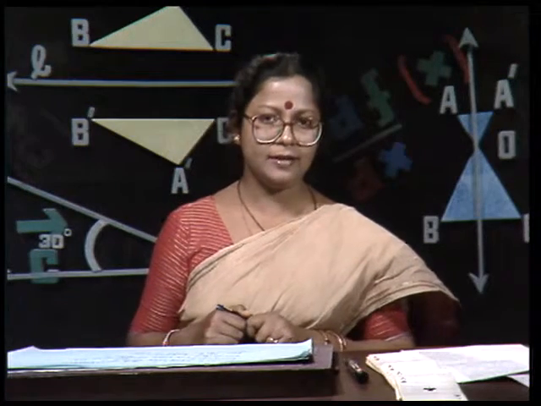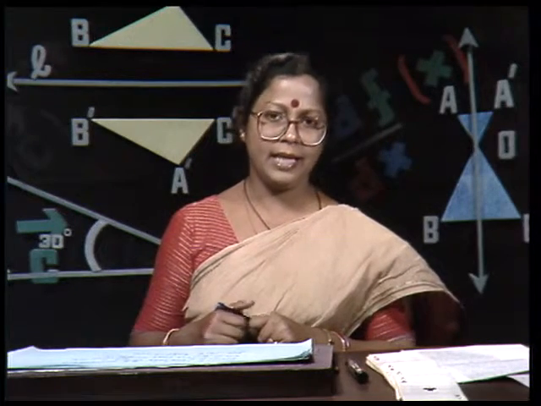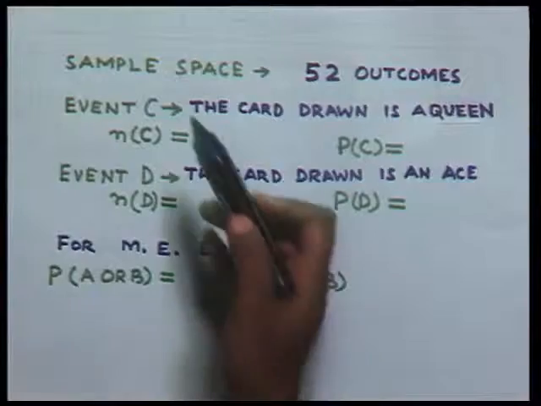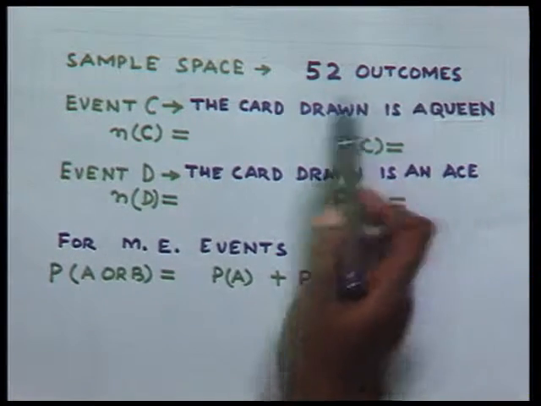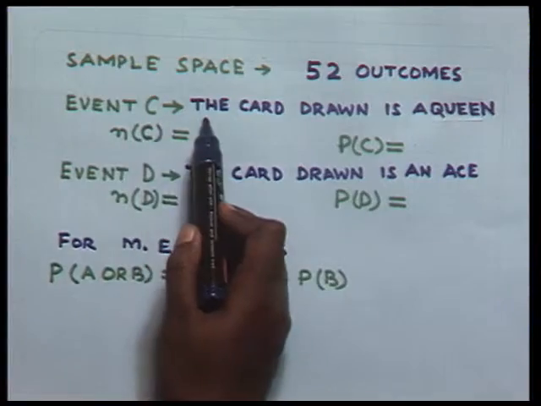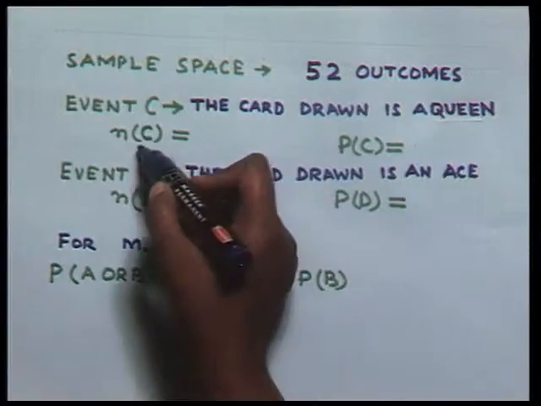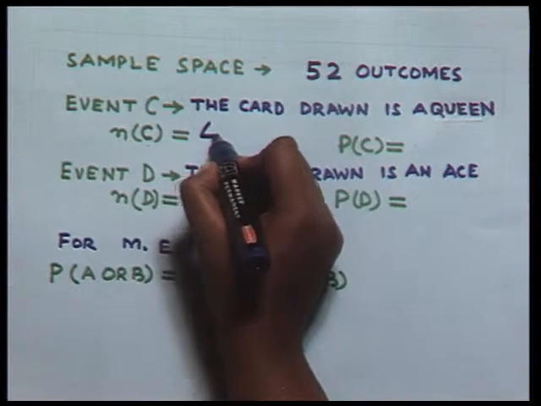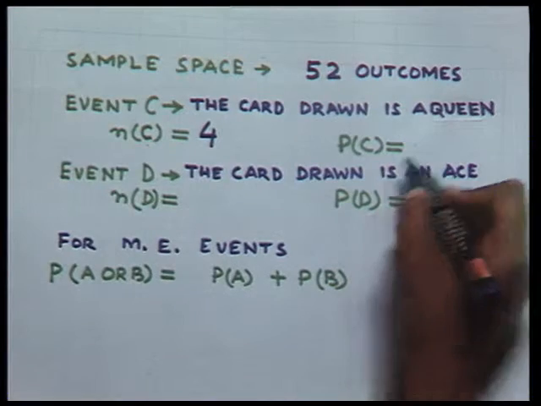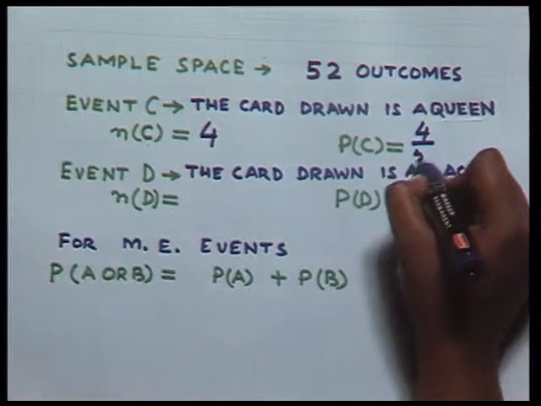Now, for the next event, that is the card drawn is a queen or an ace. Again the sample space has 52 outcomes. Let us define event C as the card drawn is a queen. So, the number of elements in the set C will be 4 and probability of the event C will be given by 4 upon 52.